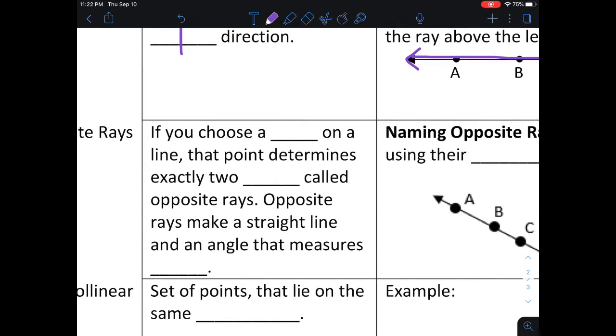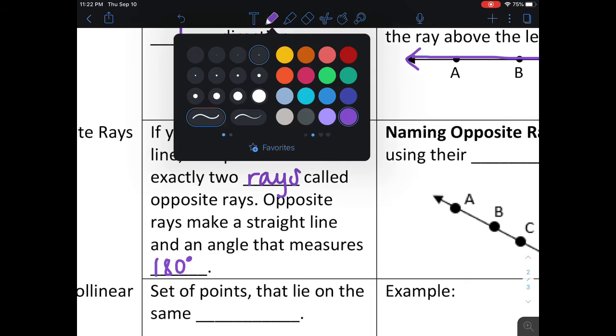All right, opposite rays. If you choose a point on a line, then you can create two rays on that line. Once you do that, you'll see that it makes two opposite rays, and opposite rays make 180 degrees. Let me illustrate that for you.